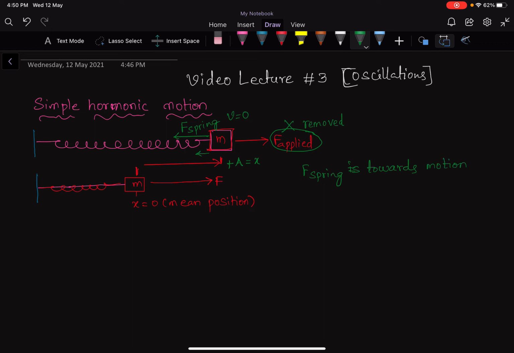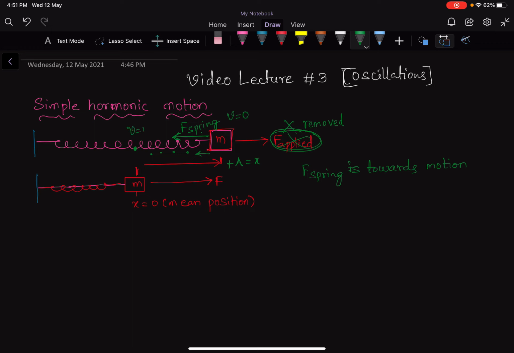When the applied force is removed, only the spring force acts towards the mean position. Because of the spring force, the particle speed increases and becomes maximum at the mean position.